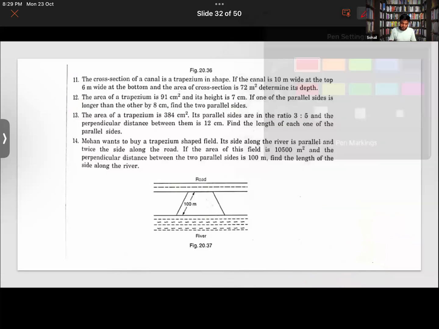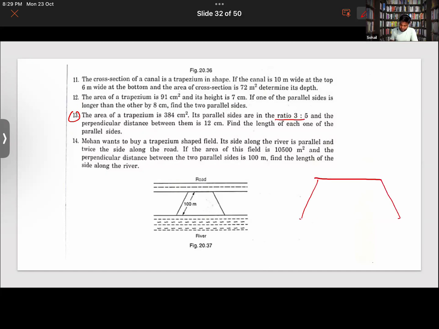Moving on to question number 13. The area of a trapezium is 384 square centimeter, and the parallel sides are in the ratio of 3:5, and the perpendicular distance between them is 12 centimeter. Find the length of each of the parallel sides.